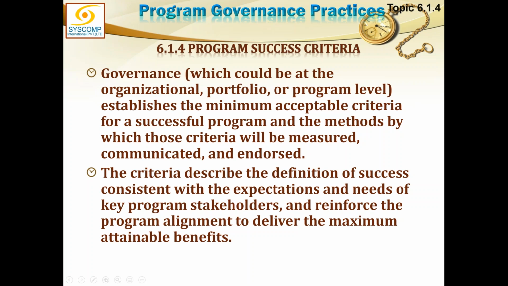So it establishes the minimum acceptable criteria for a successful program and the methods by which those criteria will be measured, communicated, and endorsed. These methods are also selected. The criteria describe the definition of success.